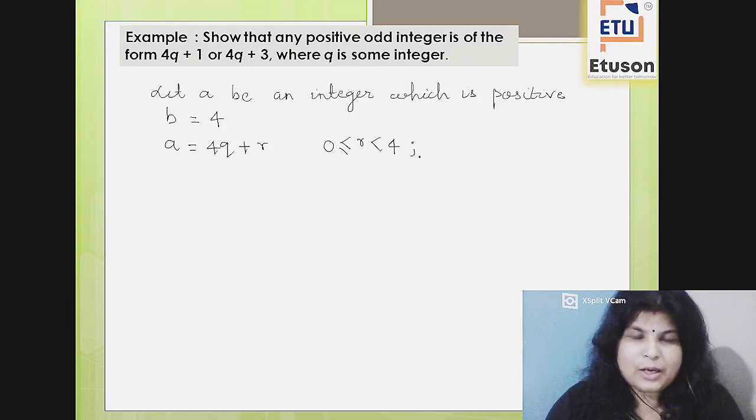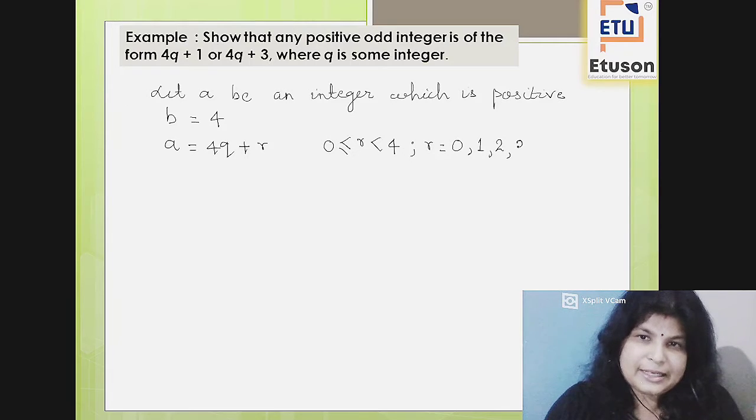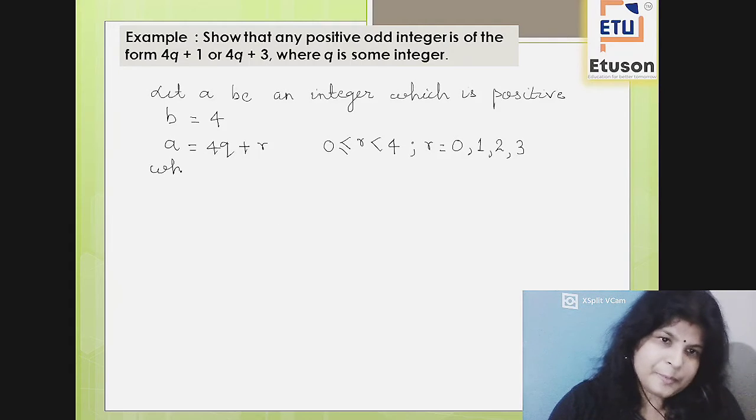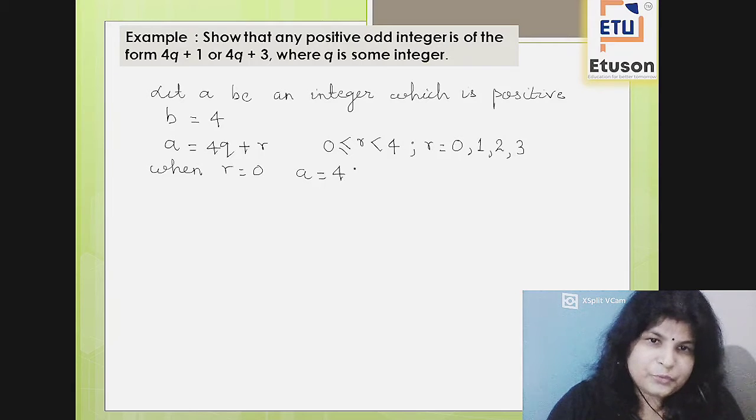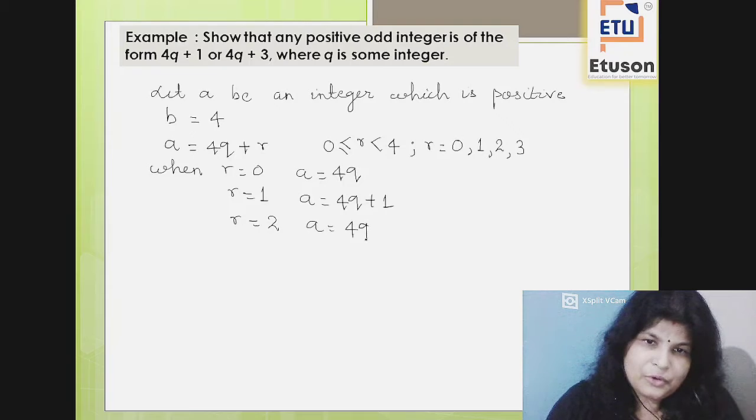So what are the possible values of r? r is equal to 0, 1, 2 and 3. When r is equal to 0, a is equal to 4q. When r is equal to 1, a is equal to 4q plus 1. When r is equal to 2, a is equal to 4q plus 2. When r is equal to 3, a is equal to 4q plus 3.